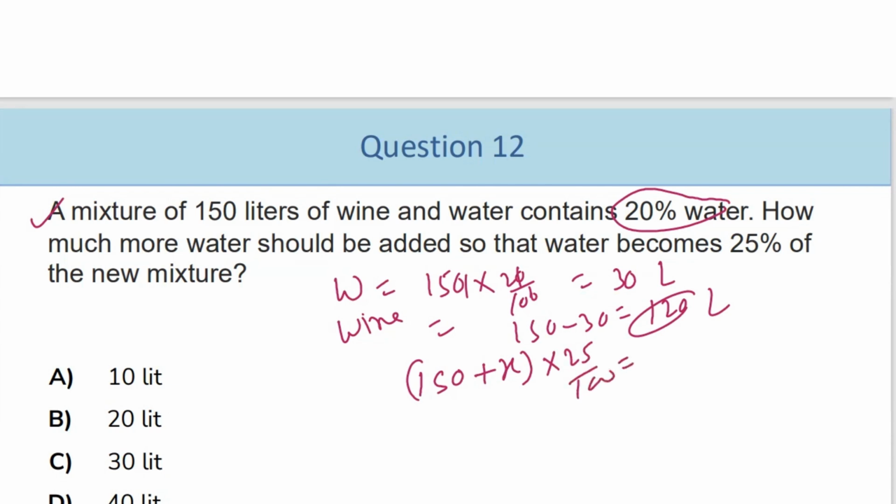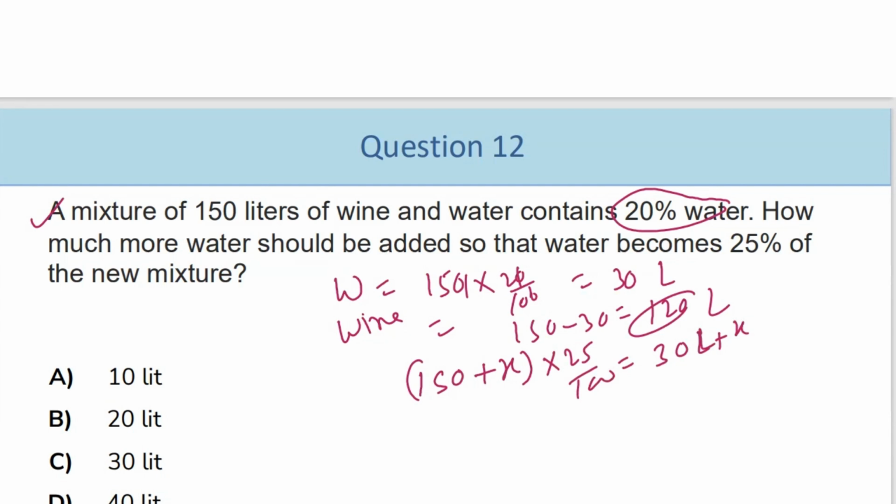That is water only, right? So how much water? 30 liters of water is already in the mixture, and then we have added X liters more. So 30 plus X liters is the water.